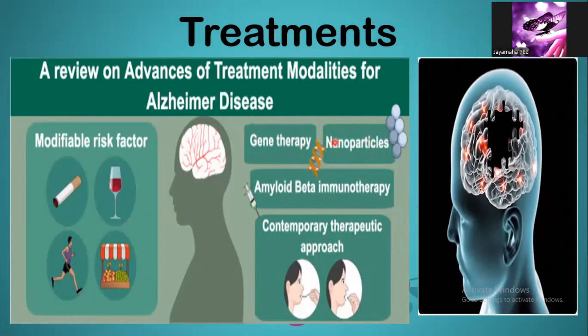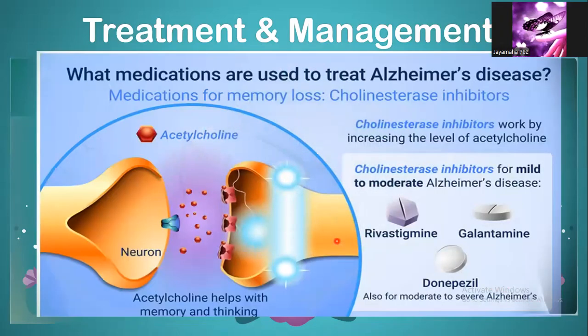Gene therapy helps to investigate genetic modifications which help to slow the disease progression. Amyloid beta immunotherapy involves vaccines or monoclonal antibodies that target the amyloid plaques. Contemporary therapeutic approaches refer to cognitive therapy, behavioral therapy, and symptomatic treatments.